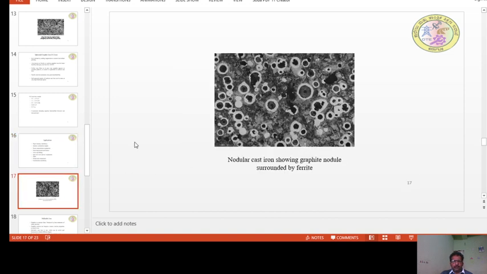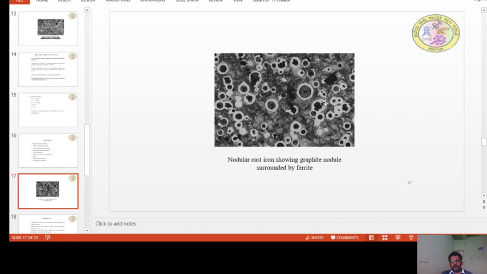And then this is the microstructure. It will show circles. This is not circles. These are the spheres of graphite, that is nodular graphite, and the entire black area is nothing but the ferrite.